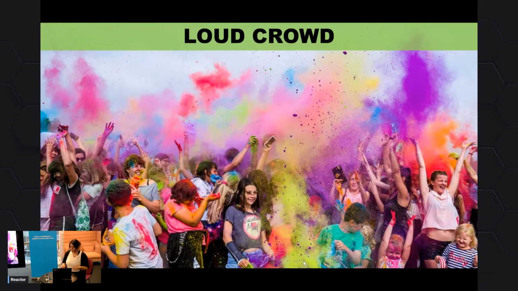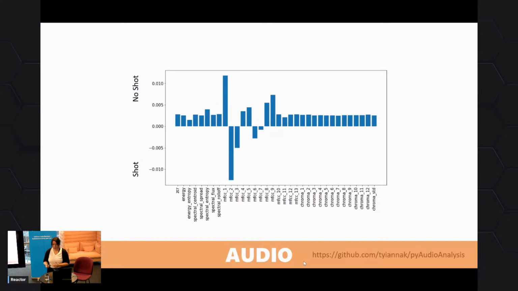We went through and tested a loud crowd. For this one, we theorized that if there was a loud crowd, there would certainly be a difference between the shots and not shots. And for this, we didn't even need the video, we just needed the audio. We did a spectrum analysis.